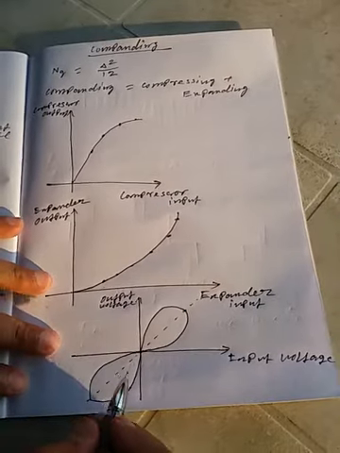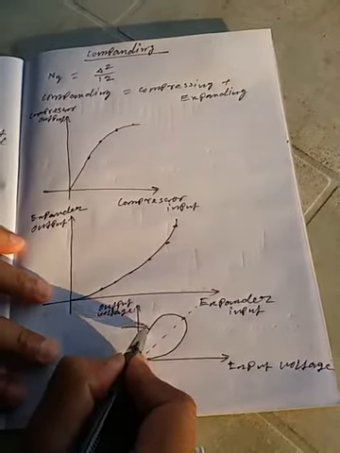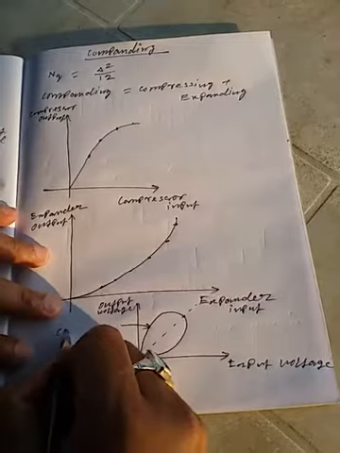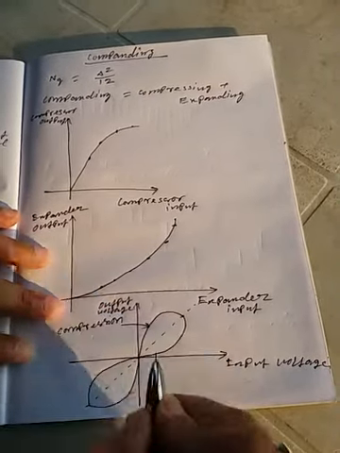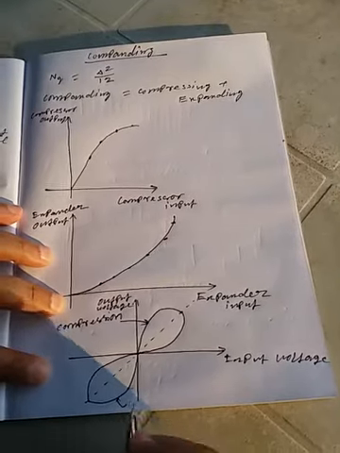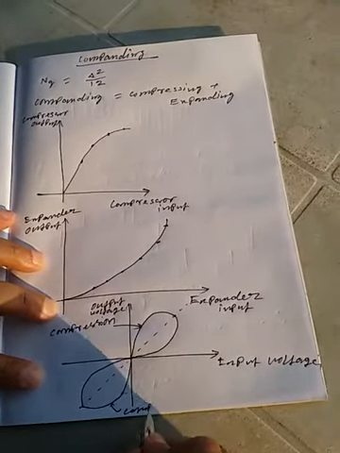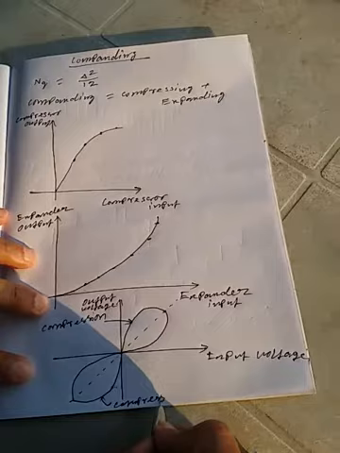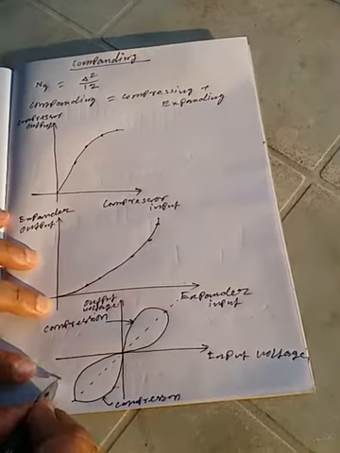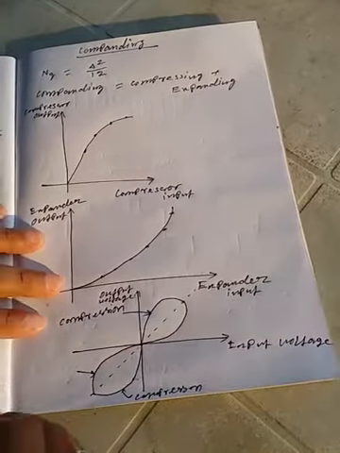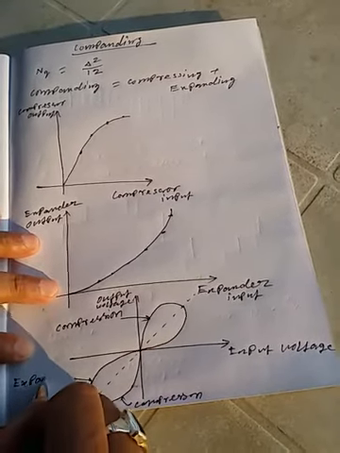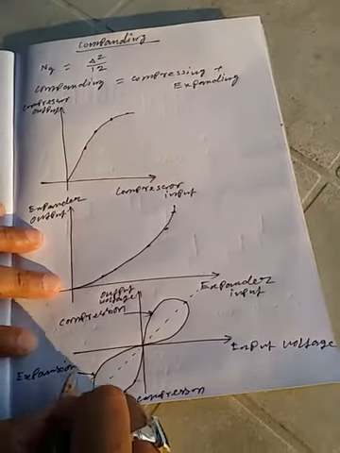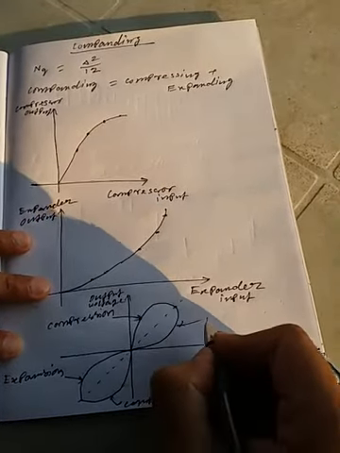Okay, so this is basically compression. Here is also compression, and these are basically expansion. This is also expansion.